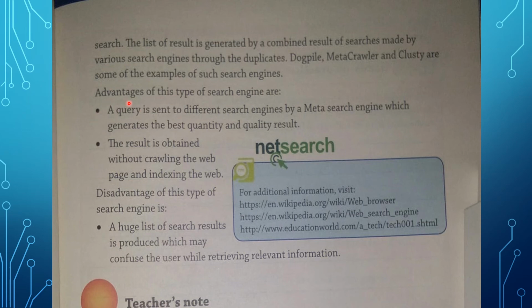Now some advantages of this type of search engine. A query is sent to different search engines by a meta search engine, which generates the best quantity and quality of results. The result is obtained without crawling the web page and indexing the web. Indexing is a common method of keeping track of records to make access to data fast.